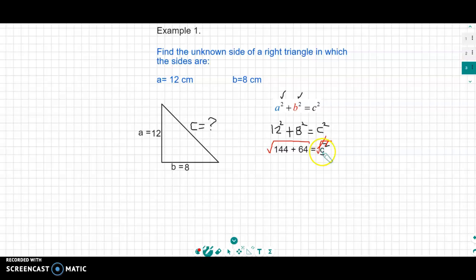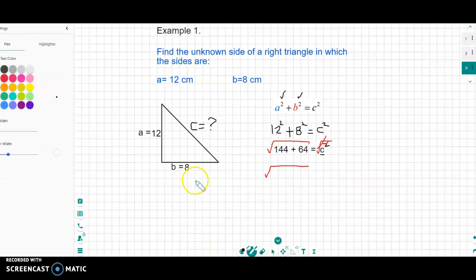So that will be the value of C. Finally, we have the square root of 144 plus 64, which equals the side C. Now we have already gotten rid of the exponent, so we can find the value of C alone.